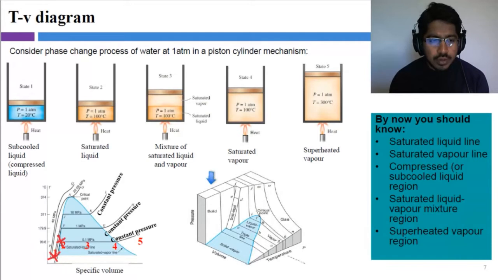And from 1 to 2, what can we say about the pressure? Does it change from 1 to 2? Any ideas? It does not change from 1 to 2. Perfect. You guys are getting it perfectly clear, right?